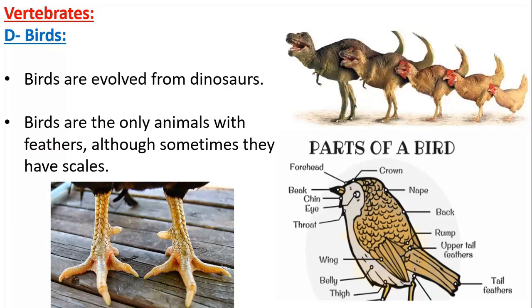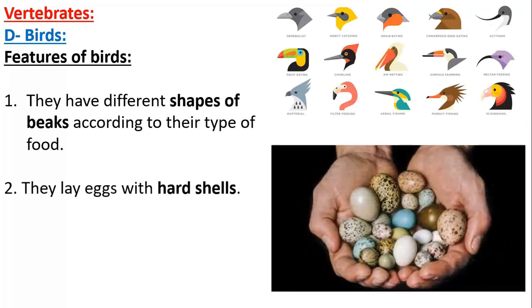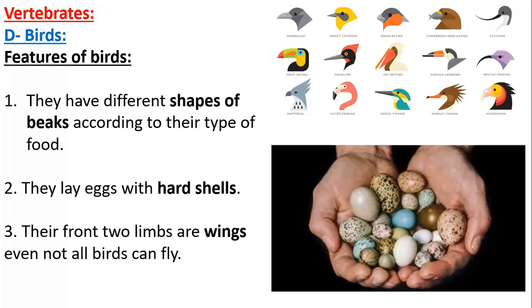So the only class where you will find feathers is class birds. They have different shapes of beaks according to the type of food they eat, and they lay eggs with hard shells, which is also specific for birds. Also, birds have two front limbs, which are the wings. All birds have wings, but not all birds can fly.